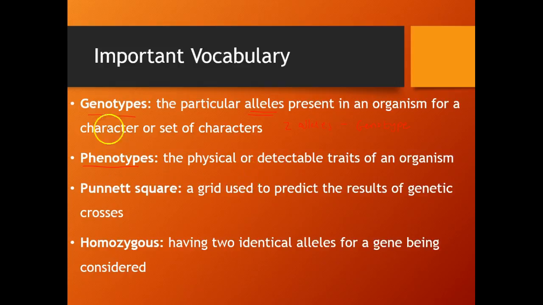We talked about how the phenotype is often dictated by the genotype of an individual. We went over how to complete a Punnett square, which is a grid used to predict the results of genetic crosses using the parents' genotypes. And then one of the last words is homozygous, which is having 2 identical alleles for a gene being considered.